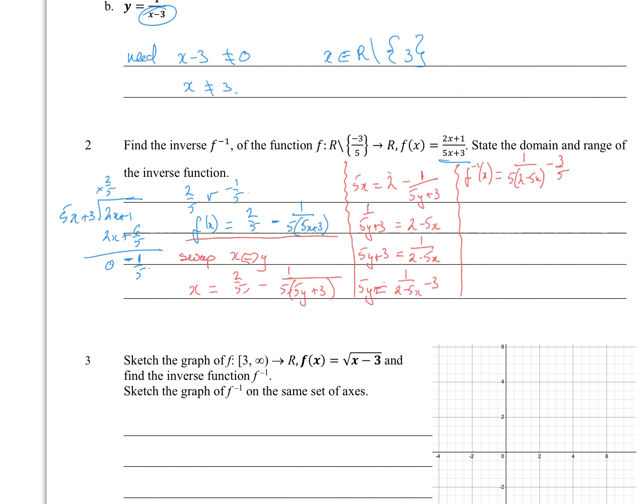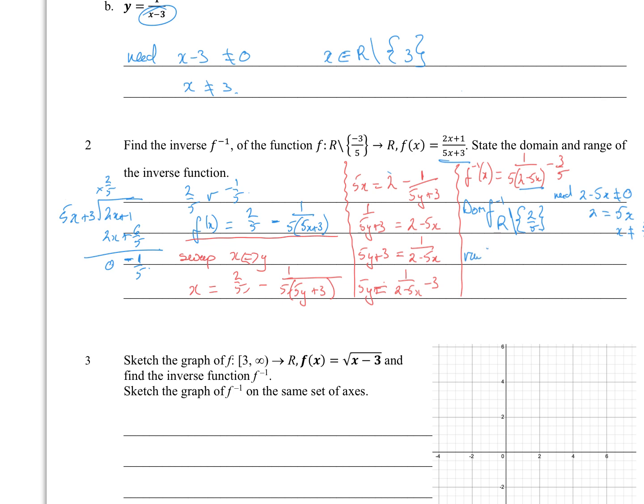So there's my inverse. For the domain of f inverse, I need 2 minus 5x to not equal 0, so x cannot equal 2/5. So we can say the domain of f inverse is R except for 2/5.